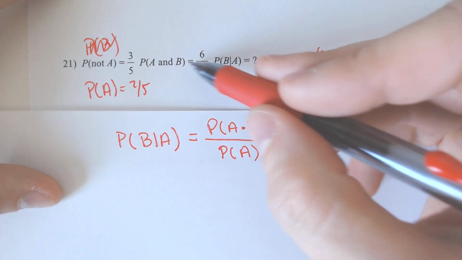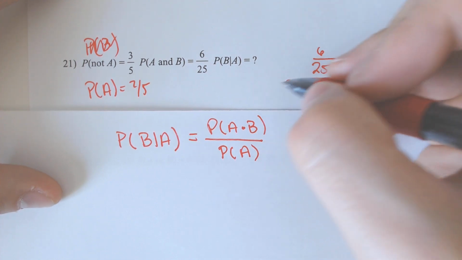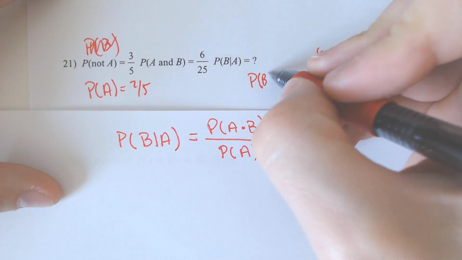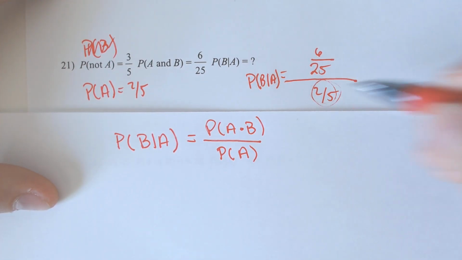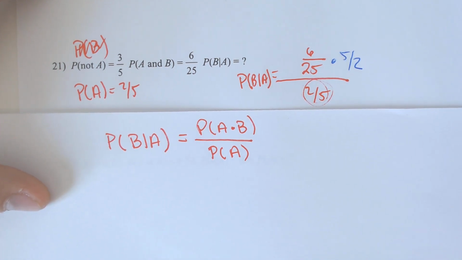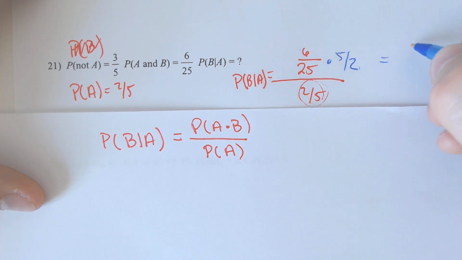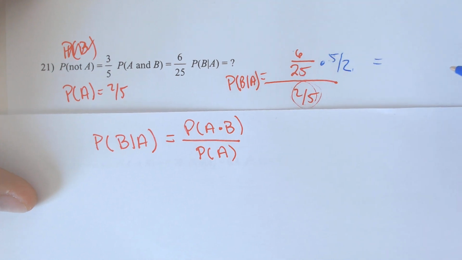Because they've already multiplied these, we can't just cancel. But you can type it in your calculator like that if you would like to find the probability of B given A. But you are also able to take this, whatever you're dividing by, and flip and multiply. So if we flip and multiply, 6 divided by 2 makes 3, and 5/25 makes 1/5.